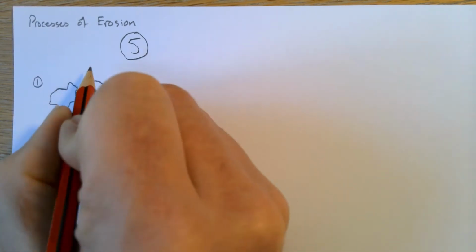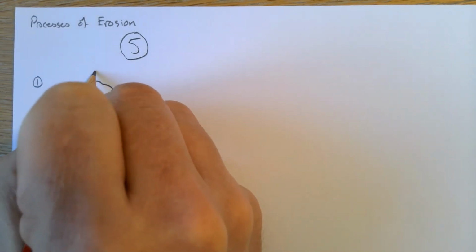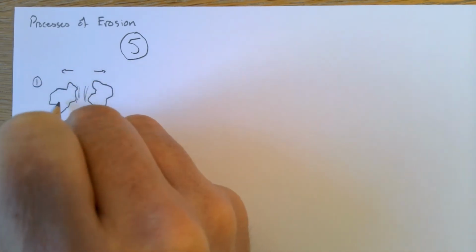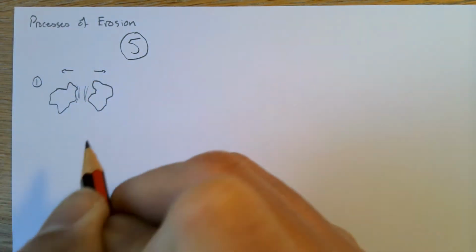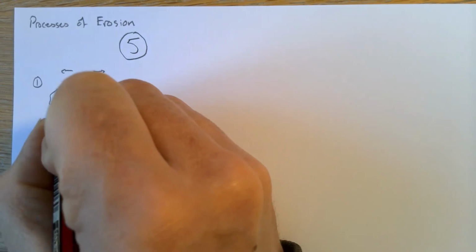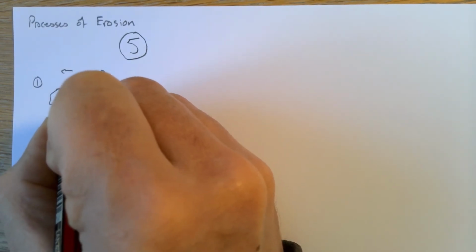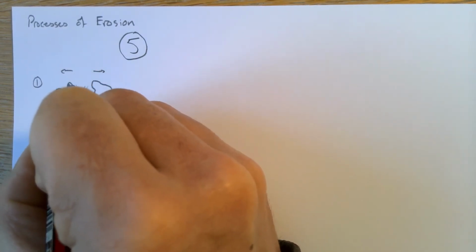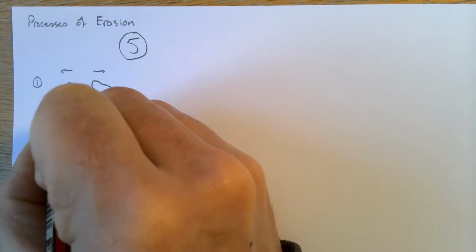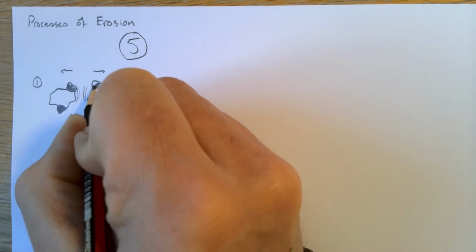Now that might be because the waves are moving them forwards and backwards so that these stones are constantly colliding with one another. And as they do, the angular bits, the sharp bits, are going to get knocked off because they're sticking out.